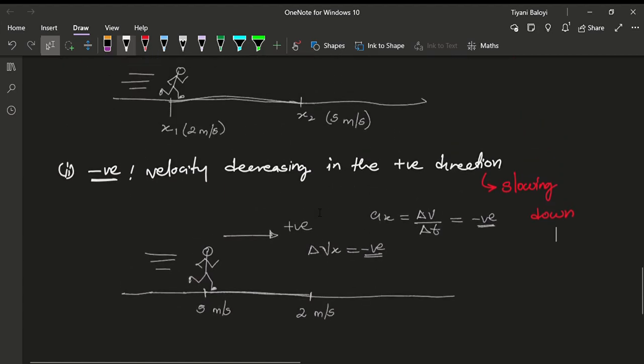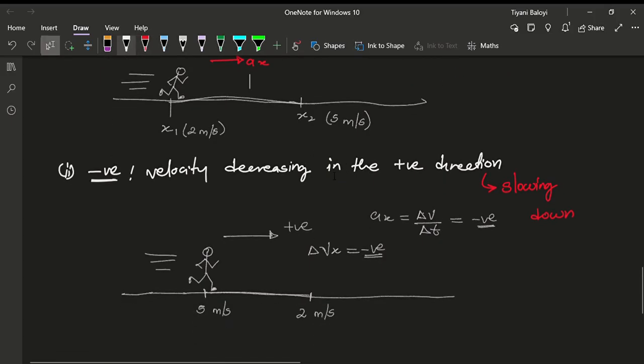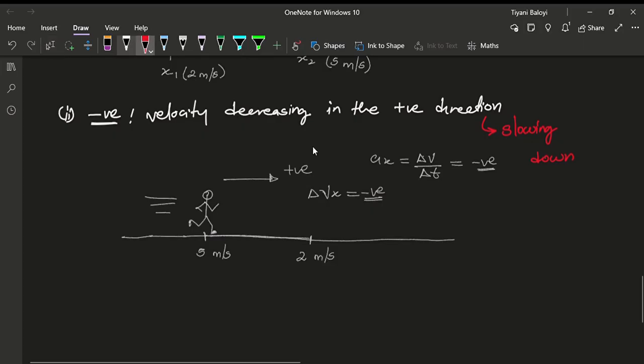Let's show that with symbols. Here velocity and acceleration were in the right direction because it's speeding up. When it's slowing down, the acceleration is negative, in the opposite direction, trying to slow the object down. That's what negative acceleration means.